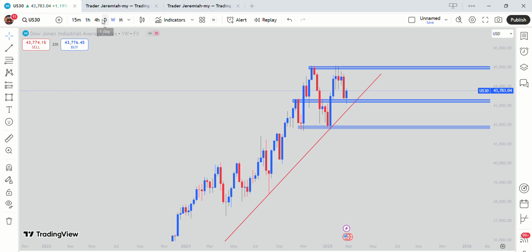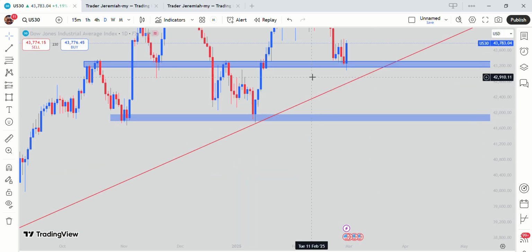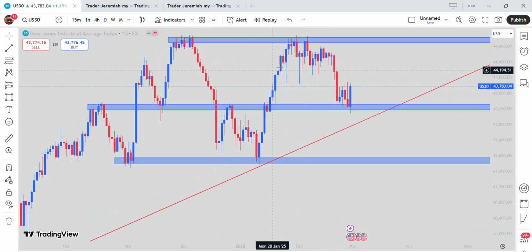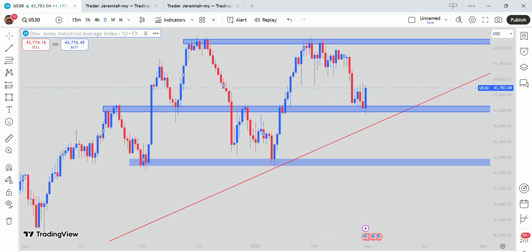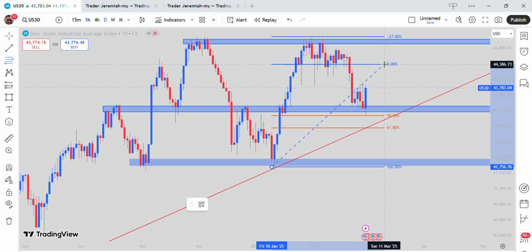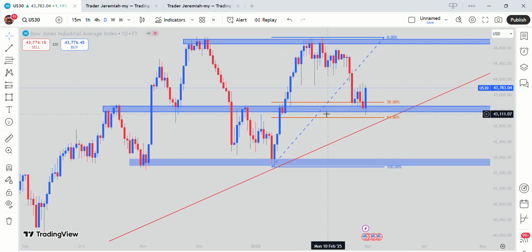So on the daily time frame, I said in my last video that I'm expecting US30 to come into this region because this was a Fibonacci retracement level. If I drag it from the bottom to the high like this, this zone was a Fibonacci retracement level, and there was also a support level at this region.